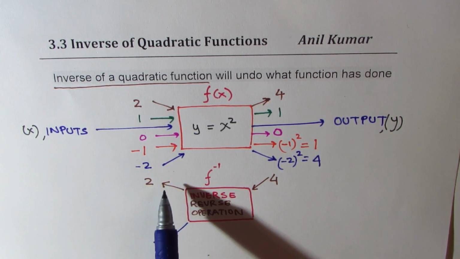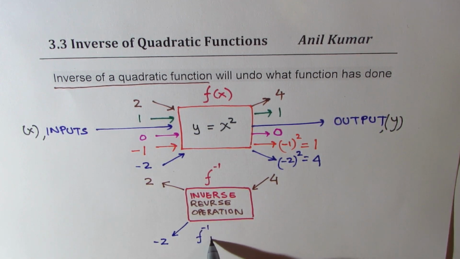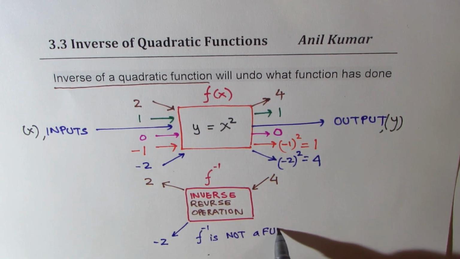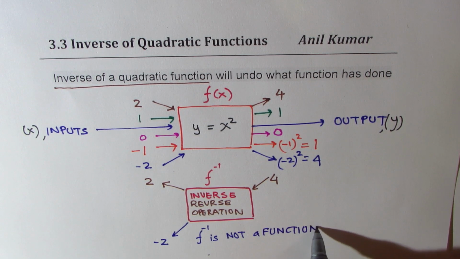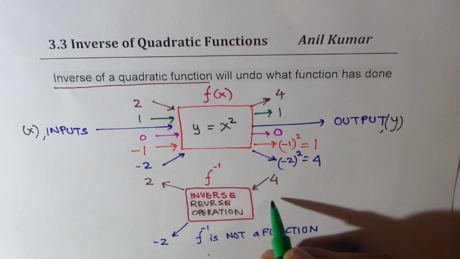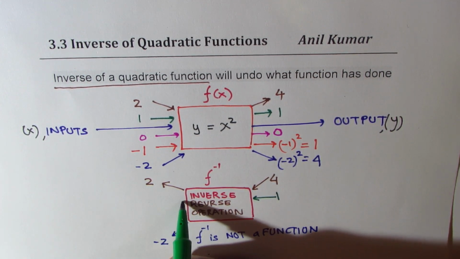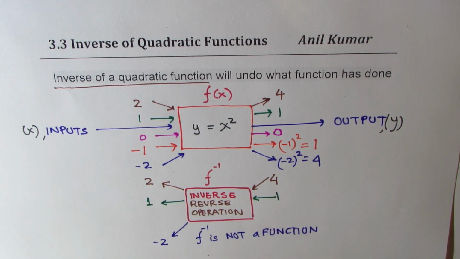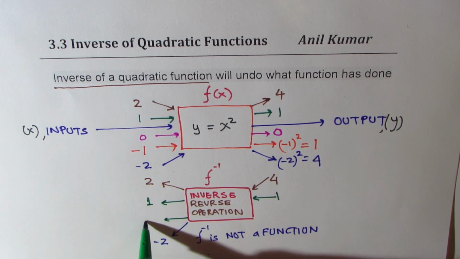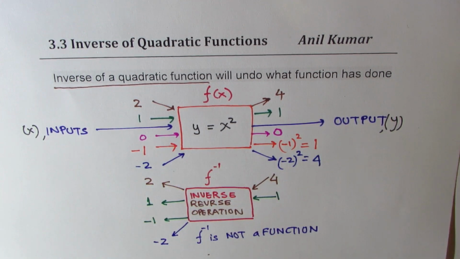Since this is a confusion, in this case f inverse is not a function. And that happens with 1 as well. If I feed in 1 here, I could get 1 as an output, or I could get minus 1, since minus 1 also resulted in 1. So that's the tricky part.